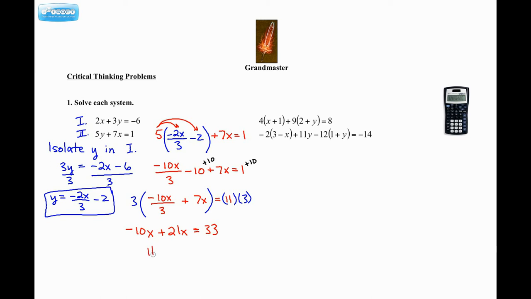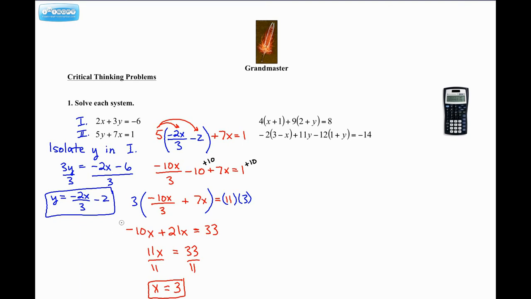That's just 11x. That's equal to 33. That has a very nice answer. Divide everything by 11, and you get x is equal to 3. There we go. Well, we're not done yet. We've only solved part of the system, but getting the first answer is actually most of the work. So let's finish off by finding y.